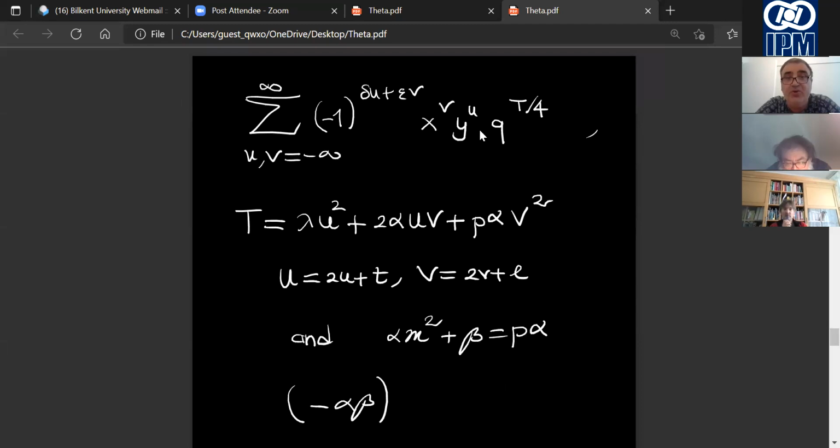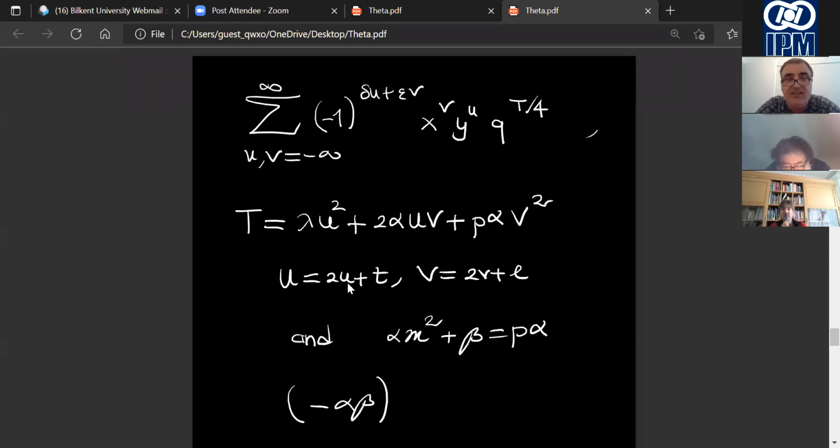Then you make a change of variables here. Basically, the change of variables that you make here is trivial, but it corresponds to a non-trivial representation in terms of theta functions. So you write this as a sum of products of theta functions, and the trivial change of variables that you make in this sum corresponds to a non-trivial representation in terms of products of theta functions.